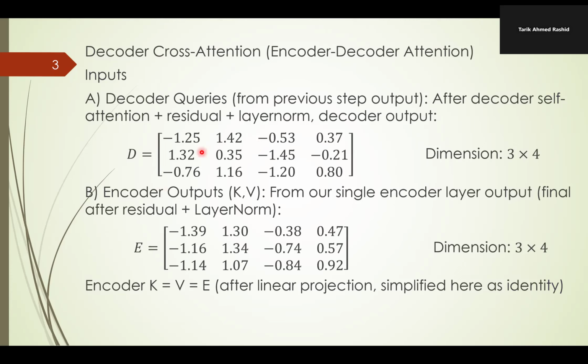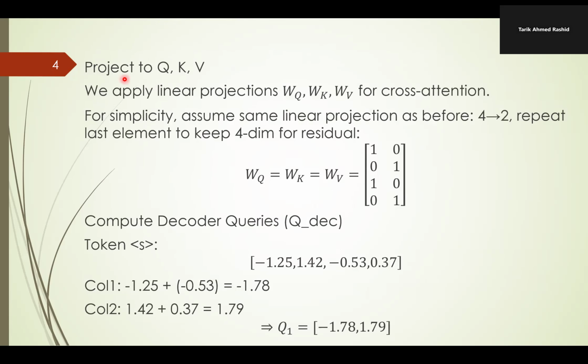We managed to get this matrix, which is the output, represented by D. And we also have encoder outputs, which are represented by the key and value matrices from our encoder, of course after linear projection. Then we will project to QKV.